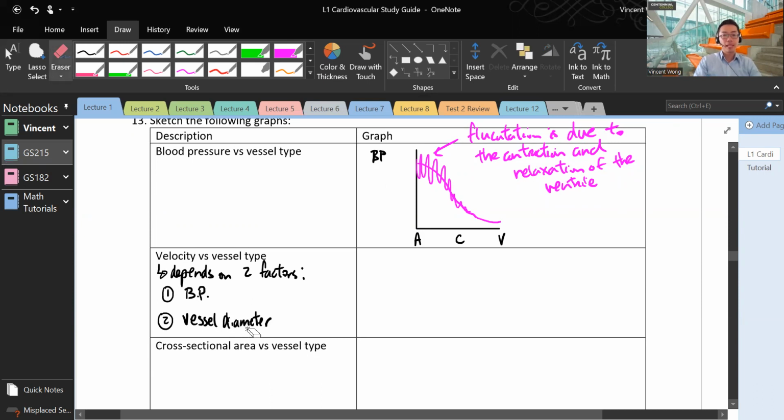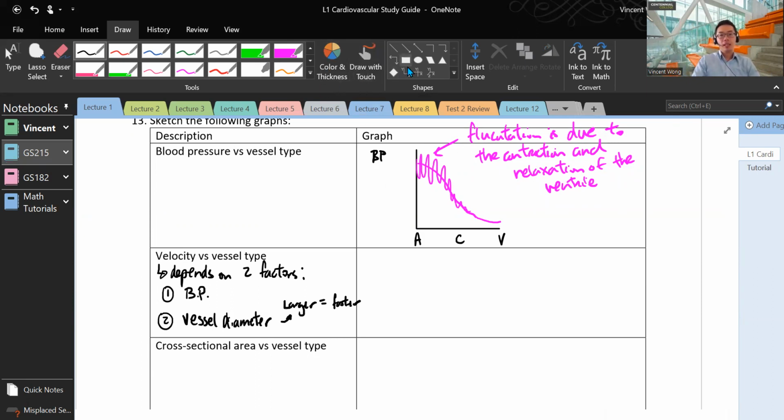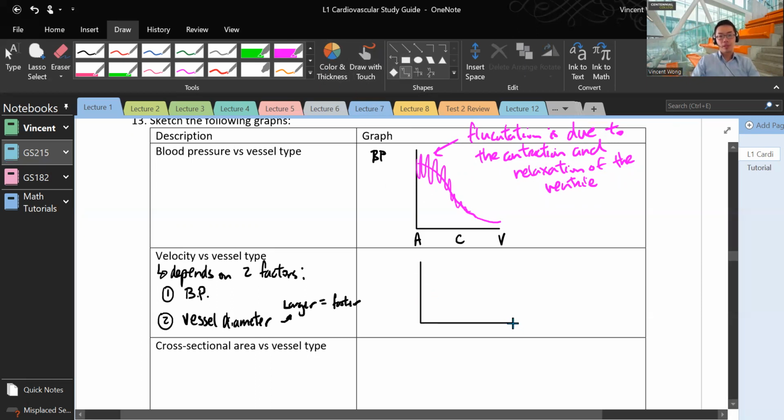The bigger it is, the faster. Think of more lanes on a highway, it's going to go faster. All right, so here is the velocity, and then we have all the vessels here.